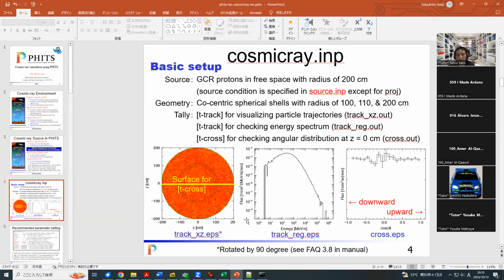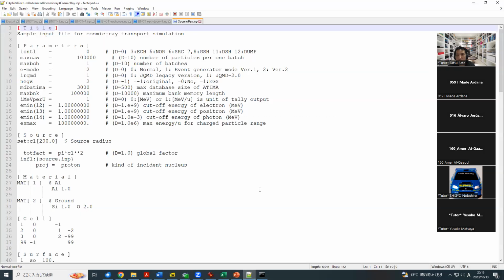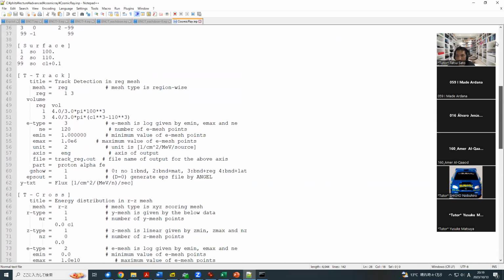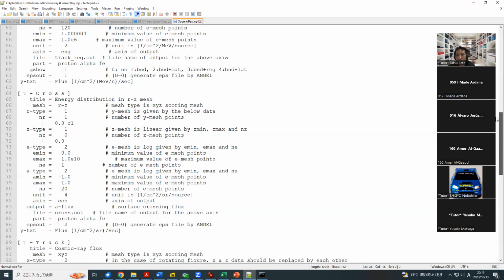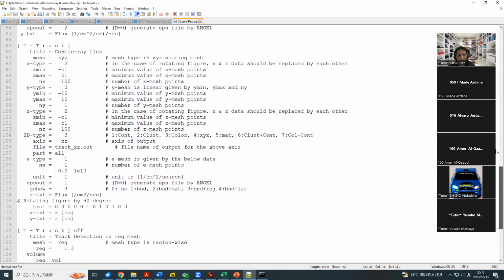And this picture is actually rotated by 90 degrees. During the optional lecture Oga-san gave on Tuesday, someone asked how to rotate the EPS file, and this is the answer.